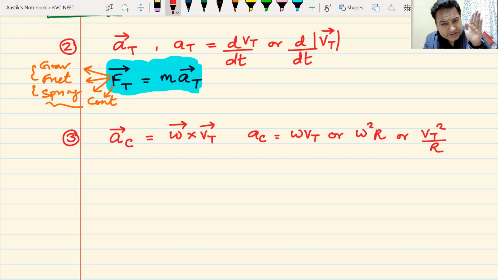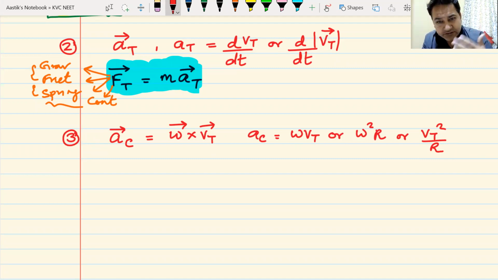Now, if something is just changing its direction, listen to me very carefully. If somebody is just changing its direction, it may not be changing its speed, it is just changing its direction. Whatever object, whatever body is changing its direction, since the direction is changed, velocity changes. But velocity only changes in direction.